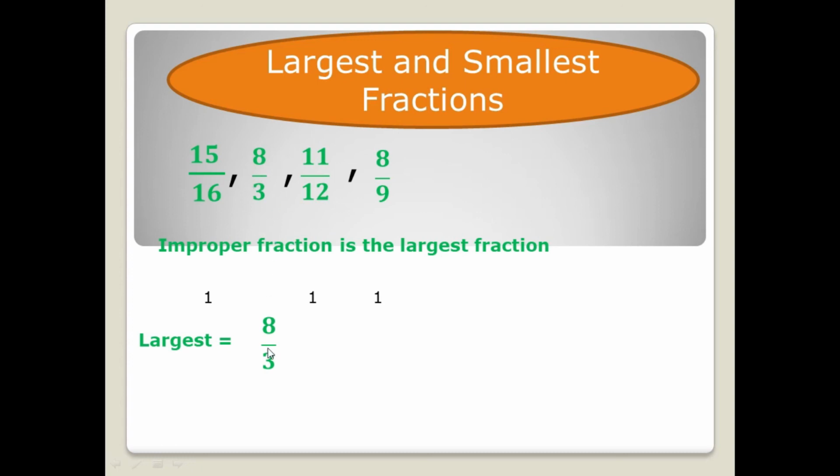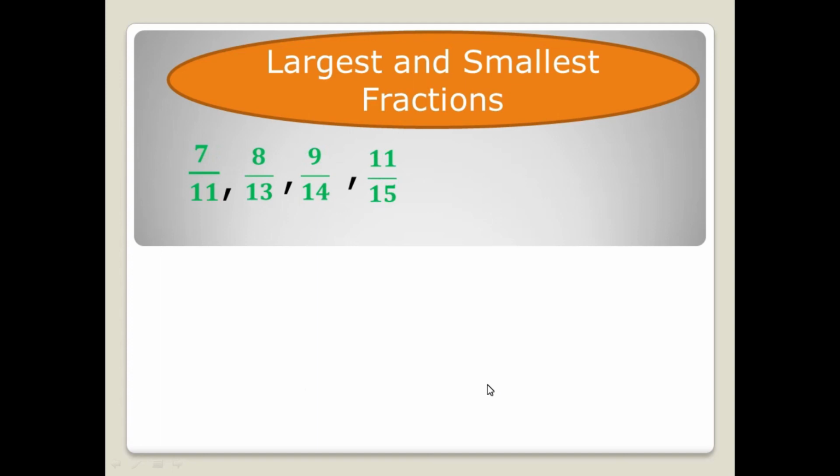So 8 by 3 is the largest fraction. And when we have to find the smallest fraction, we know that when fractions are proper fractions and the difference between numerator and denominator is the same, then the fraction with the smallest numerator would be the smallest fraction, that is 8 by 9. Understand?